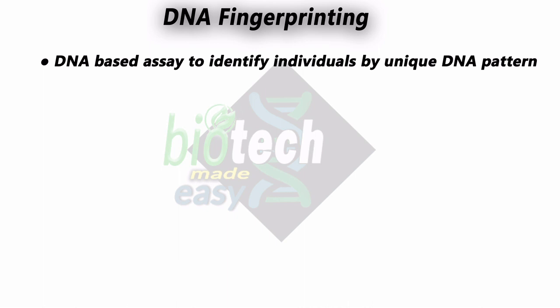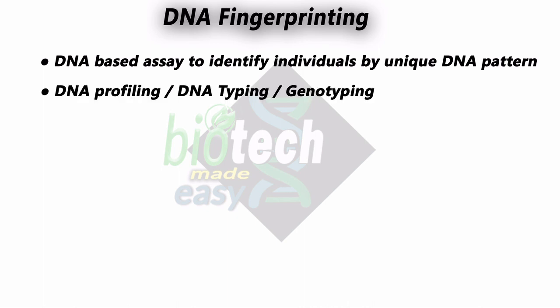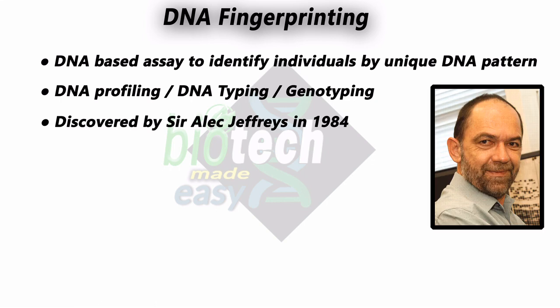Due to analogy to the term fingerprint, which is conventionally used to identify criminals, this technique was given the name DNA fingerprinting. This technique is also named DNA profiling, DNA typing, genotyping, etc. It was first developed by Sir Alec Jeffreys in 1984 in the UK at the University of Leicester, and the process was commercialized in 1987.